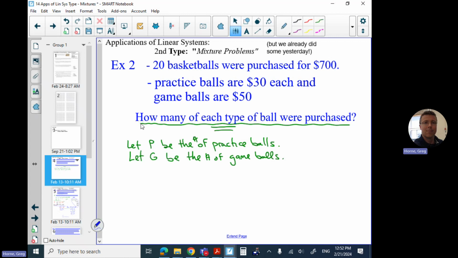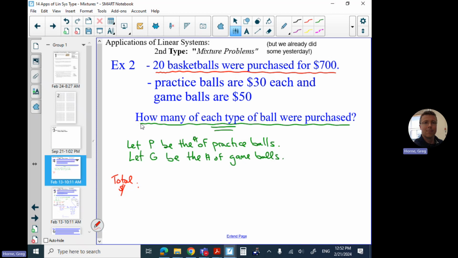We're going to set up equations, right? So let's use this part here: we've got 20 balls in total, and they cost $700. So you have a total money equation, I guess you could think of it as.